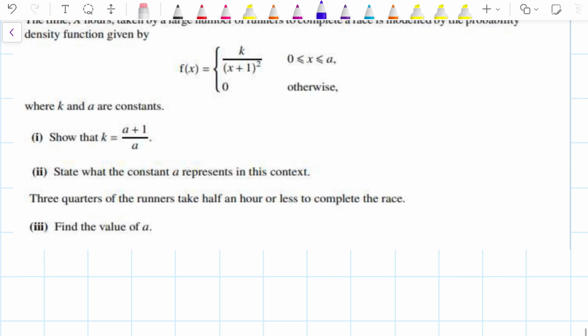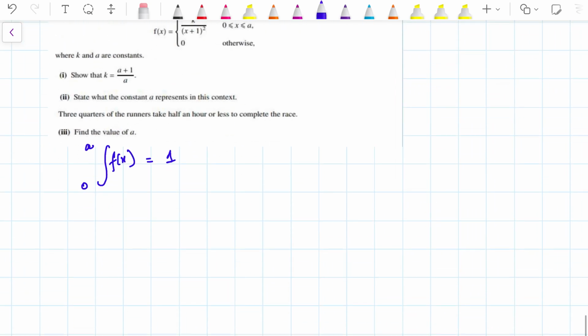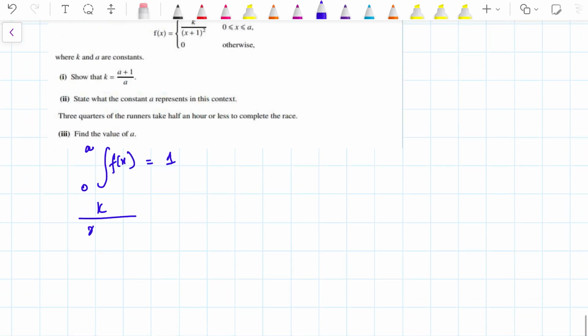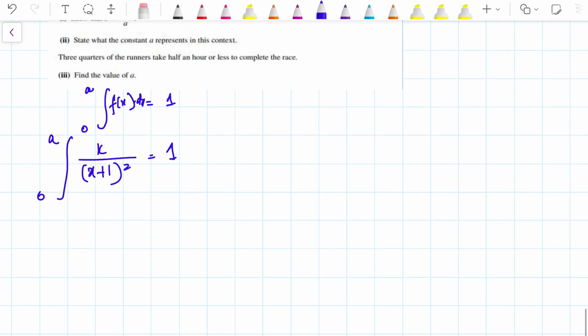Okay. So we integrate the function with full limit and we know that the probability is equal to 1. k upon (x plus 1) the whole square, from a to 0, equals 1, dx. k times (x plus 1) to the power minus 2, add 1 to the power, divided by the new power, into the differential of the inside expression.